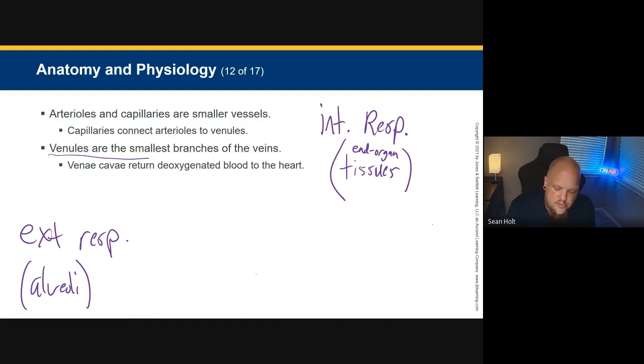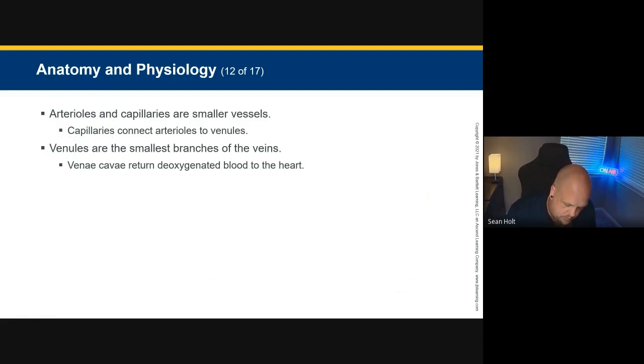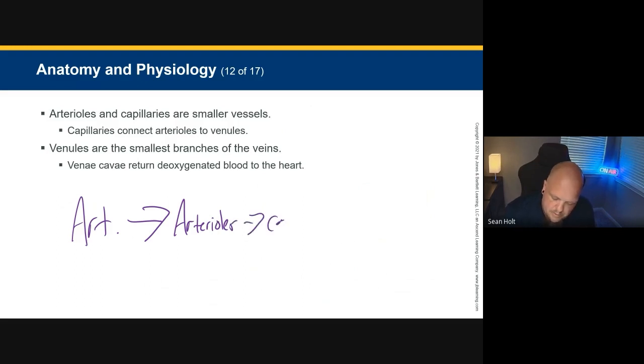Venules are the smallest branches of the veins before they connect, or have connected, from the capillaries. So it goes arteries to arterioles to capillaries to venules, then to veins.